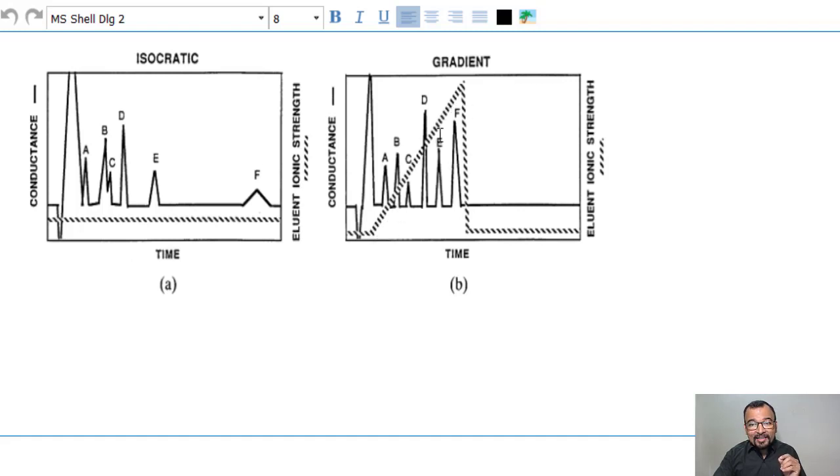It is changing linearly till it achieves its maximum figure. In the case we have given, let us say 80 percent of mobile phase B, and then it is again coming back to its normal proportions, like let us say 90 and 10. So this is called the gradient elution, and this is the difference between isocratic and the gradient elution mode.